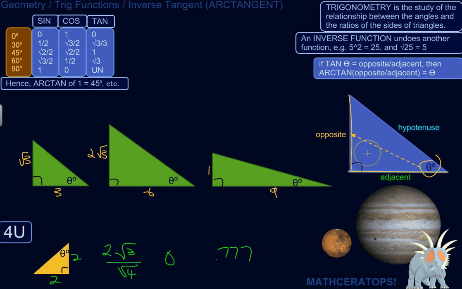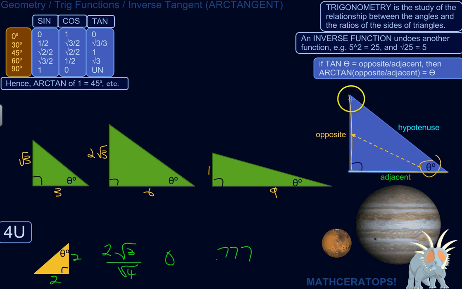You might have learned the mnemonic SOHCAHTOA. So we're talking about TOA. The tangent is opposite over adjacent. It's the ratio of the opposite side to the adjacent side. The adjacent side to an angle is the side that's next to the angle that's not the hypotenuse. The hypotenuse is that special side that's across from the 90-degree angle.